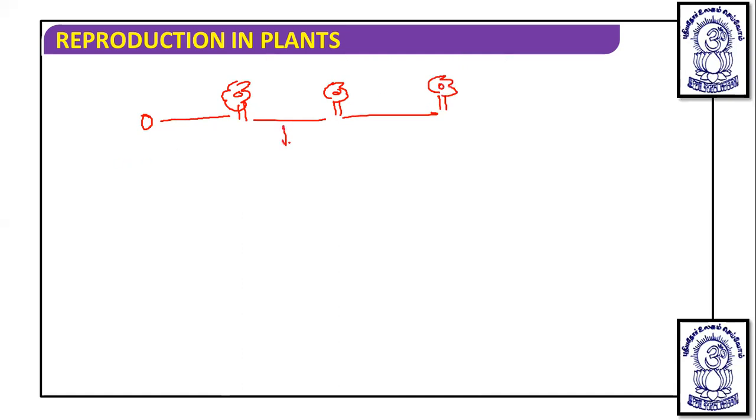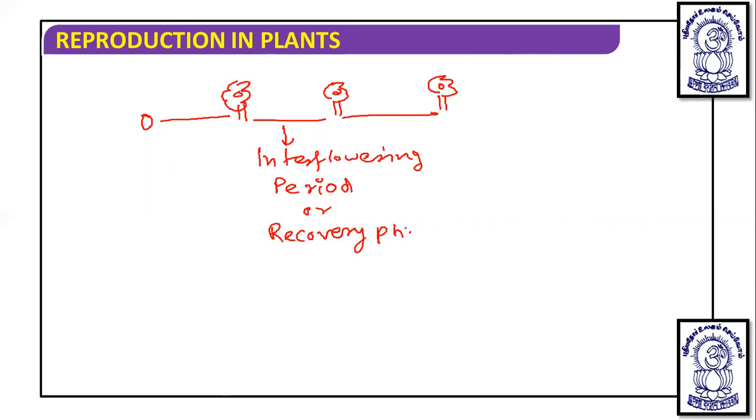Now this phase is known as the interflowering period or recovery phase. So the particular time period between the two flowering is known as the interflowering period.